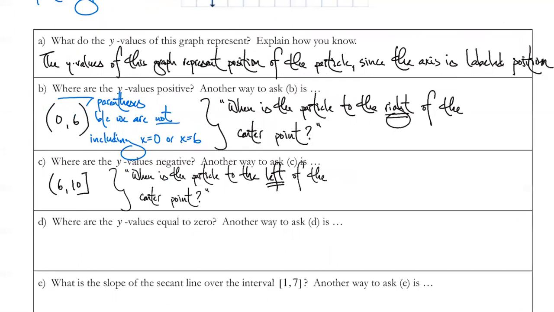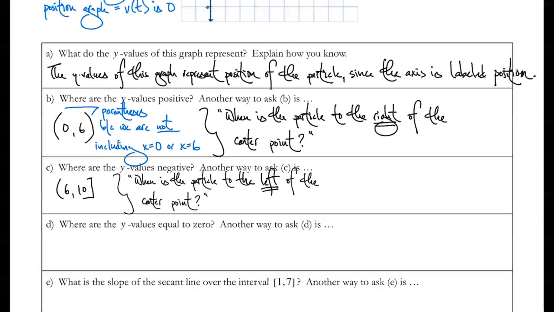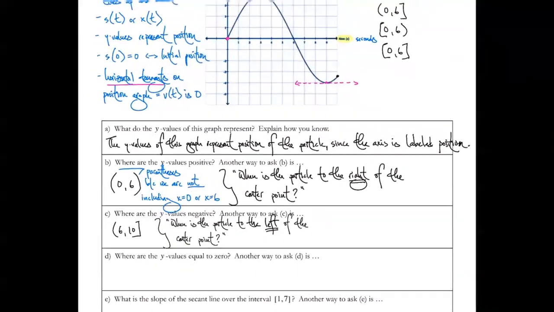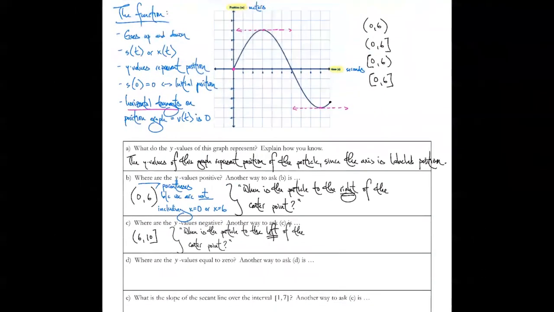Okay, so this is a really good question. Let us answer part D, and then let's kind of imagine what's happening aside from like this sort of sine graph thing that we're seeing, okay? So last question for this sort of group of questions. Where are the y values equal to 0?